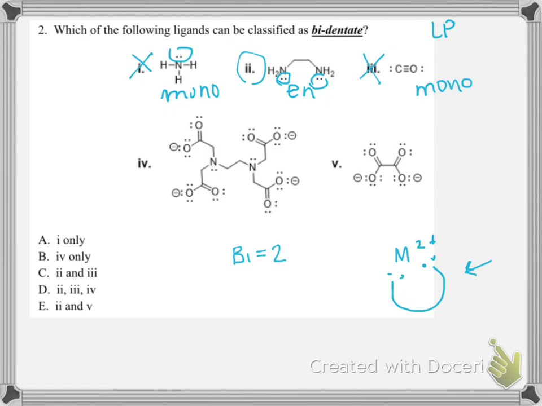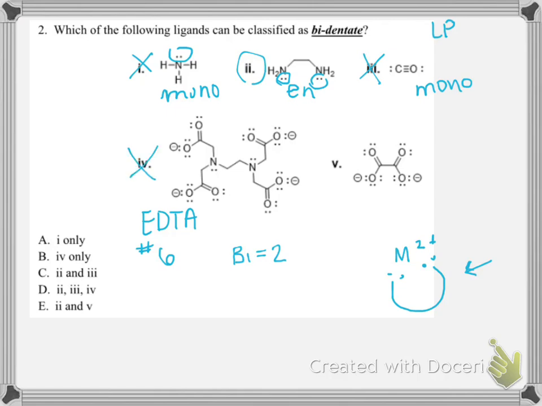And you guys aren't expected to be able to identify this, but this is the EDTA molecule that we've talked a lot about. We know that EDTA has a coordination number of 6, and that's because it just has so many different ways that it can kind of claw on to the metal and wrap around it. Okay, so this is more than bidentate.